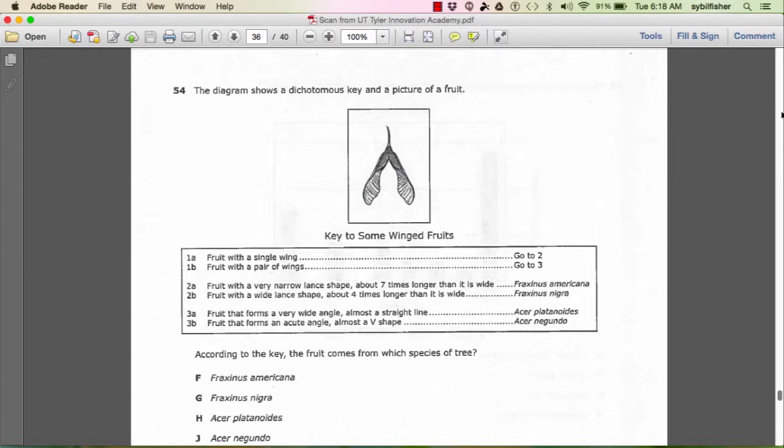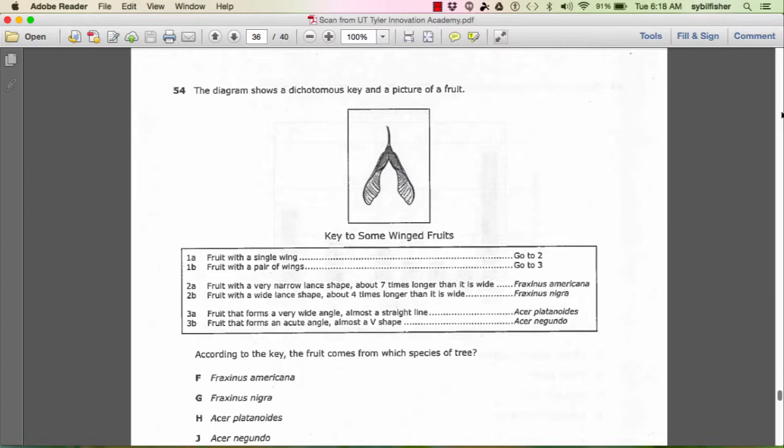Key to some winged fruits. 1A, fruit with a single wing, go to 2. 1B, fruit with a pair of wings, go to 3. 2A, fruit with very narrow lance shape, about 7 times longer than it is wide, Fraxinus americana. 2B, fruit with a wide lance shape, about 4 times longer than it is wide, Fraxinus nigra. 3A, fruit that forms a very wide angle, almost a straight line, Acer platanoides. 3B, fruit that forms an acute angle, almost a V shape, Acer negundo.